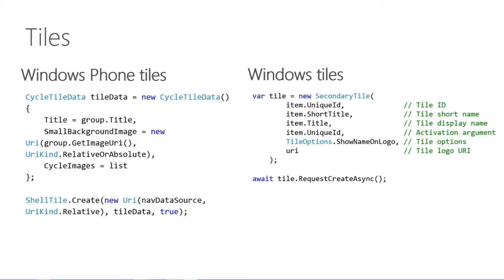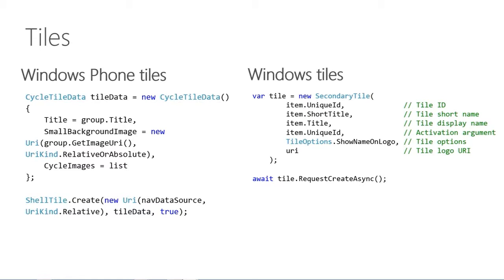The cycle image template is the same one that you may have seen, as it's the one that the photo app uses to cycle through. I think it has 8 images that it cycles through. That's how you define your tile information, and then you use ShellTile.Create, give it the URI, give it that tile data, and the operating system goes off and creates that for you.